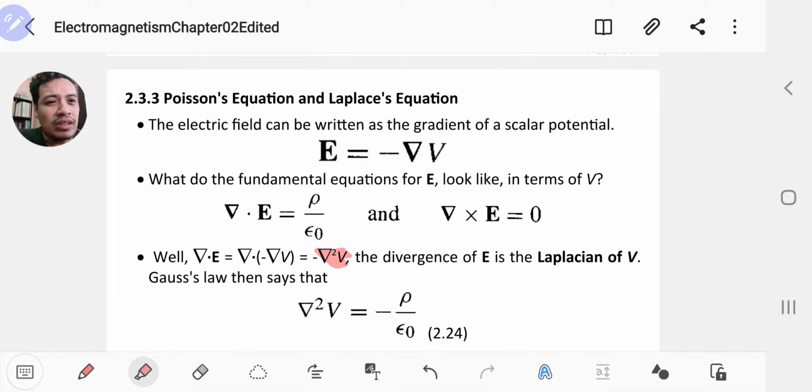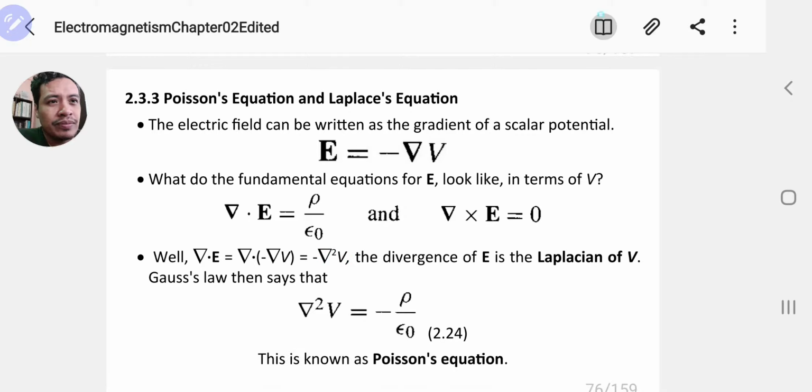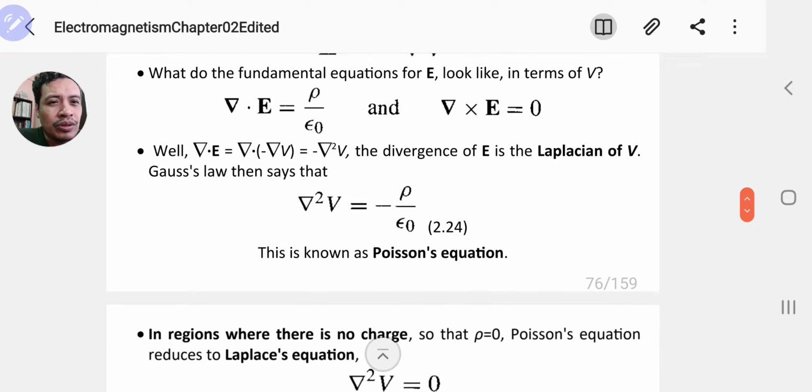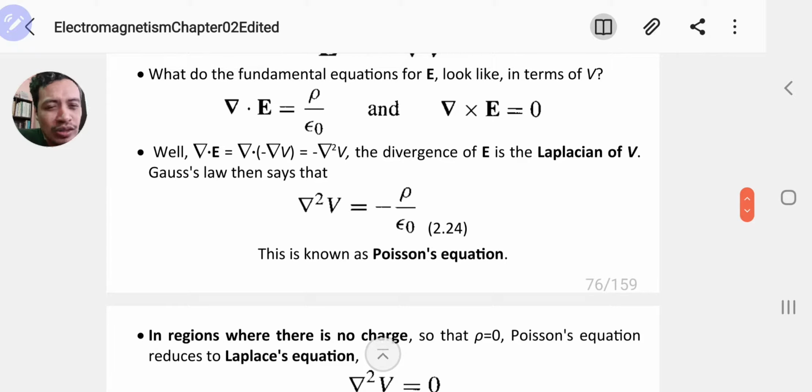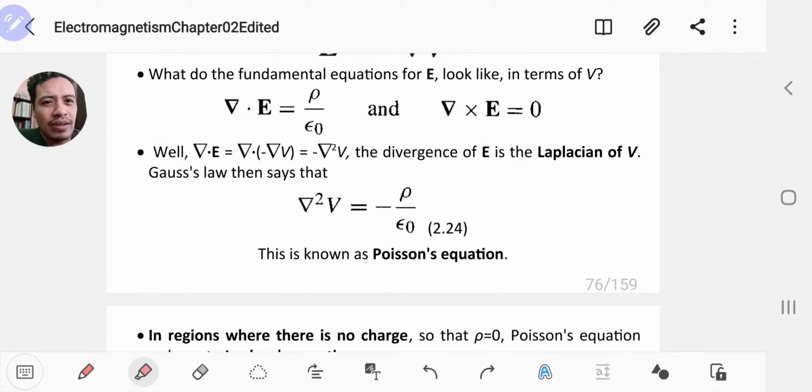So that's it. This one is called Poisson's equation.